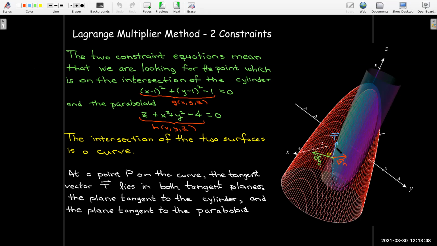I didn't draw the planes here, but just imagine that the tangent vector to that curve, because the curve lies entirely on the cylinder, and it lies entirely on the paraboloid as well. So at any fixed point, the tangent vector to that curve has to be in the tangent plane for both surfaces.